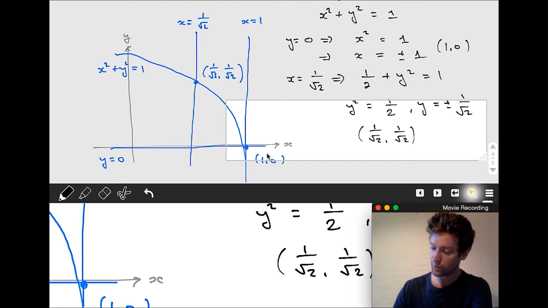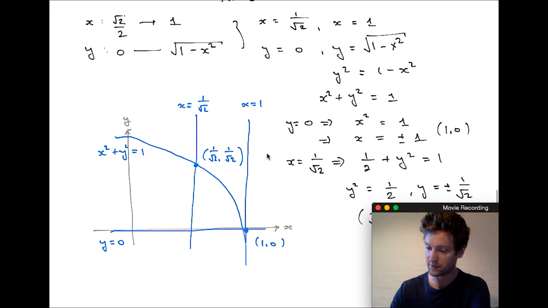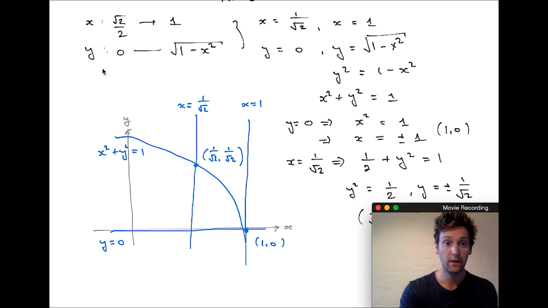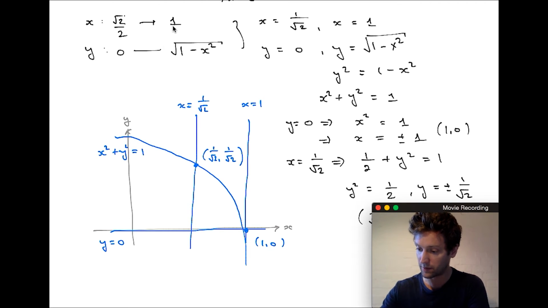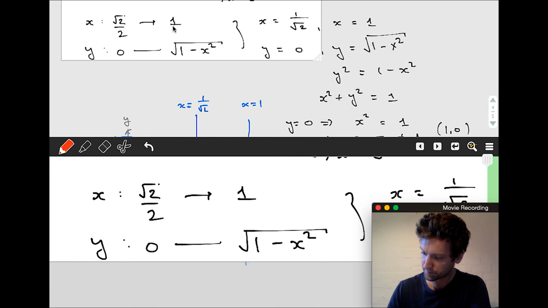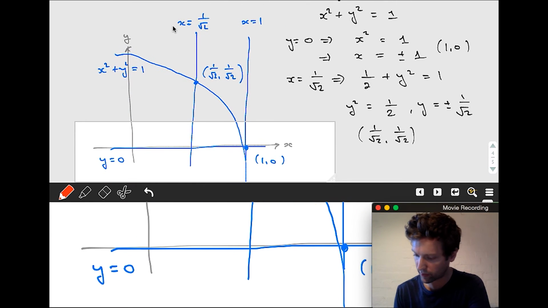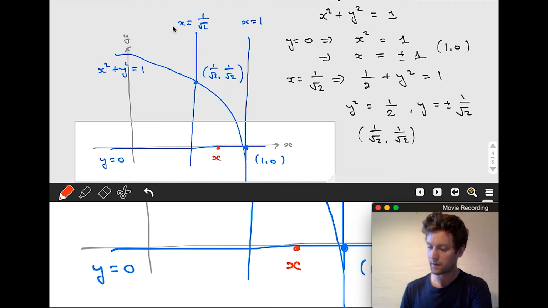So you can see that there's one region that's bounded by all of those curves, but again, if we didn't see that, we could figure it out by looking at the limits of integration. So they're telling us, take a value of x between 1 over the square root of 2 and 1. So pick a value of x somewhere over here between 1 over root 2 and 1.